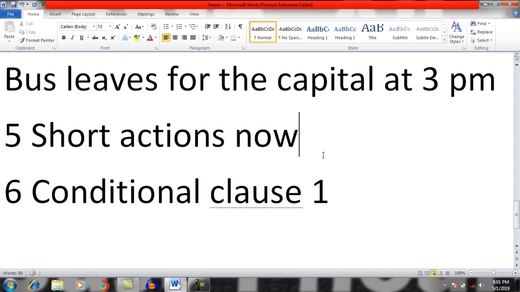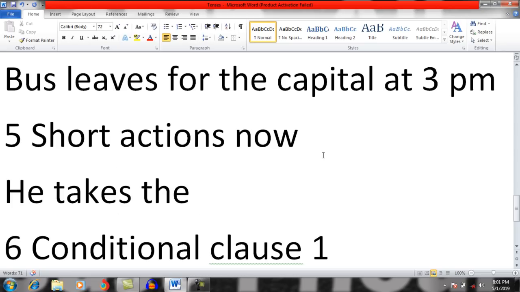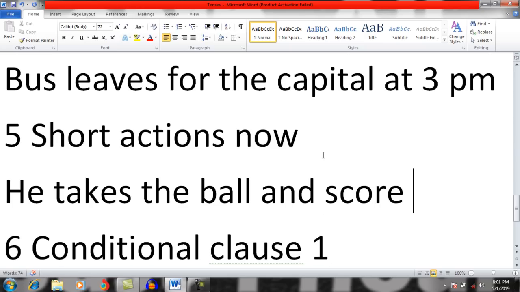Point number 5, short actions now. We also use present simple for short actions, those actions which take a short time. For example, he takes the ball and scores a goal. This is also known as descriptions. So for short actions, we also use present simple.